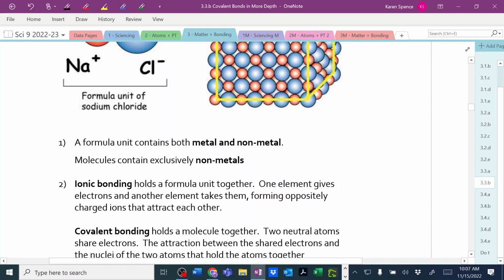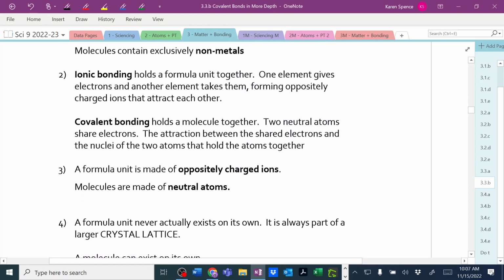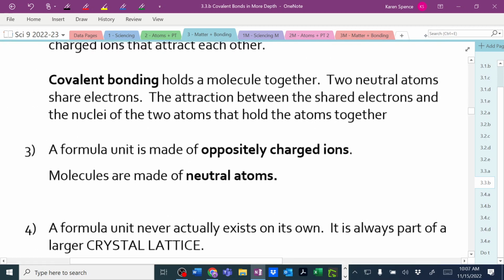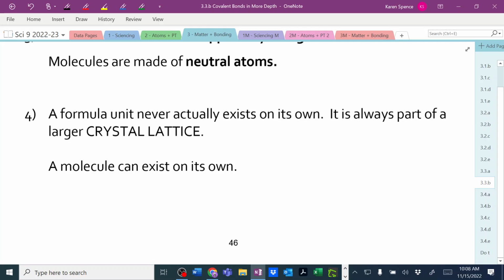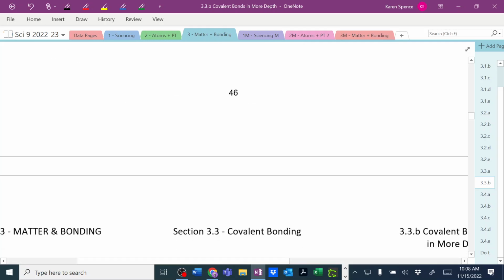And ionic bonding holds a formula unit together, but covalent bonding holds a molecule together. Even more so, a formula unit is made of oppositely charged ions, whereas molecules are made of neutral atoms. And a formula unit never actually exists on its own. It's always part of a larger crystal lattice, but a molecule, H2O, can just be by itself, no problem.